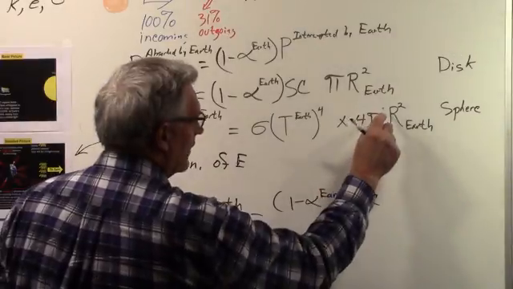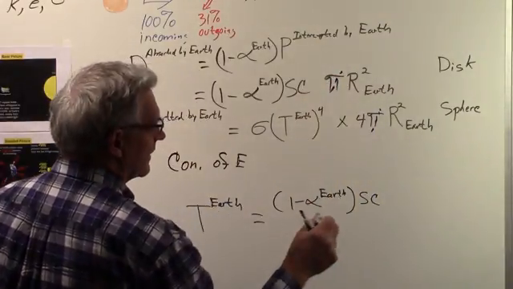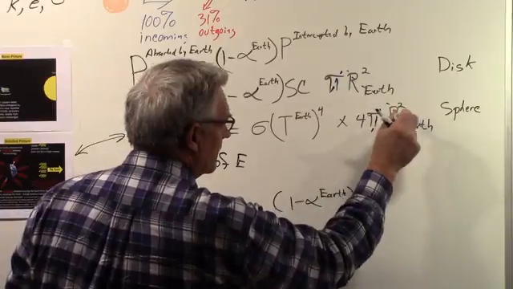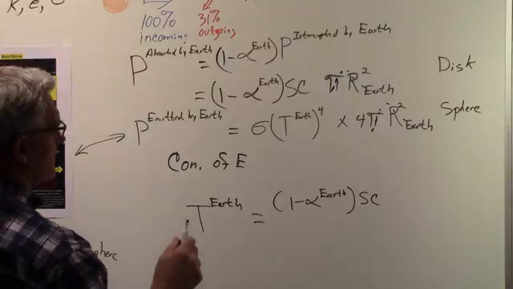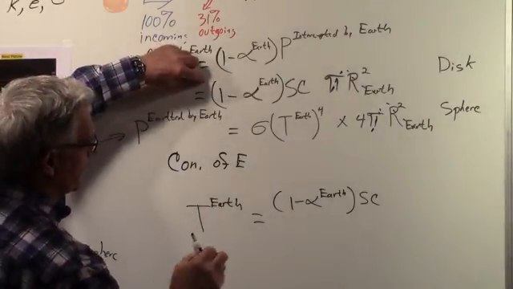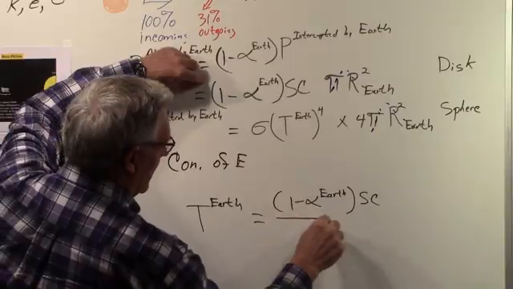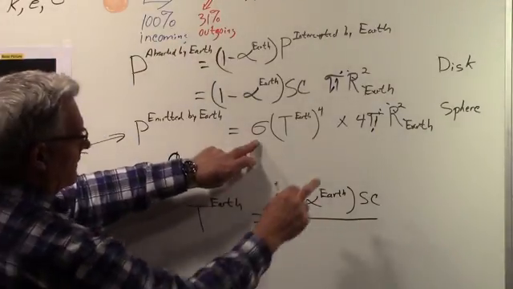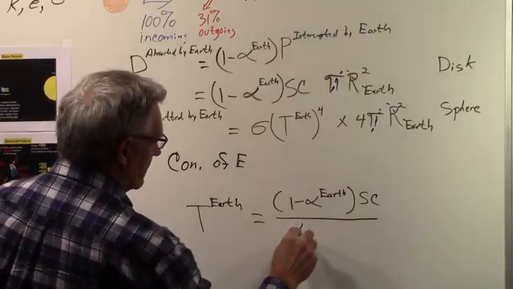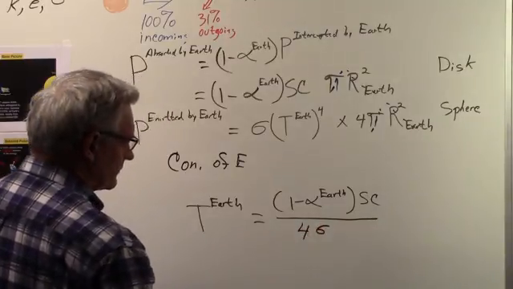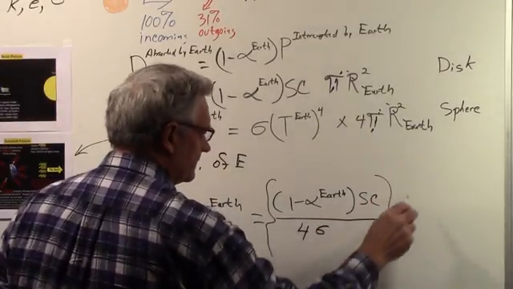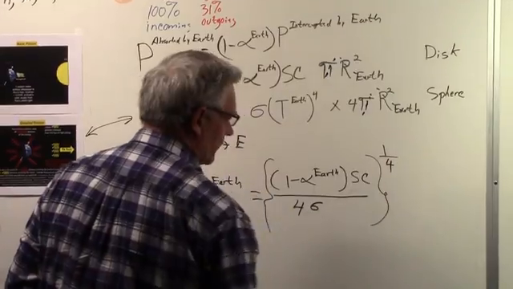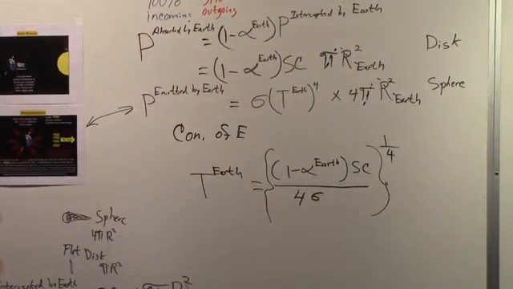The pi's will cancel out, and the radius of the Earth will cancel out. So in the numerator we just have this, and in the denominator we'll have 4 sigma, and then we have to take the fourth root of all of that. So that is our expression for the temperature of the Earth.